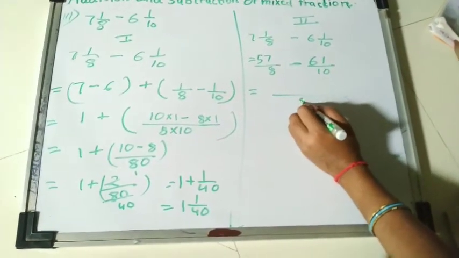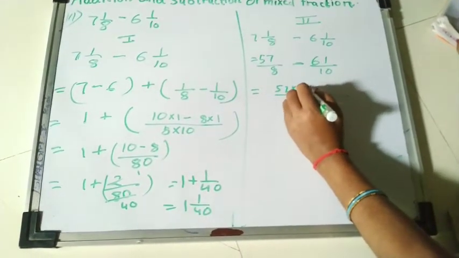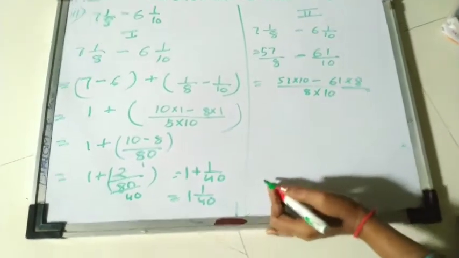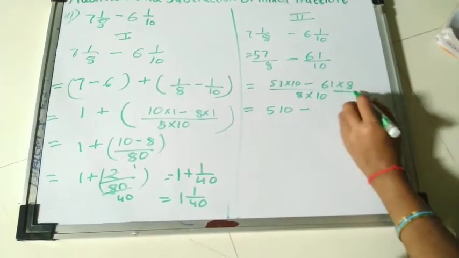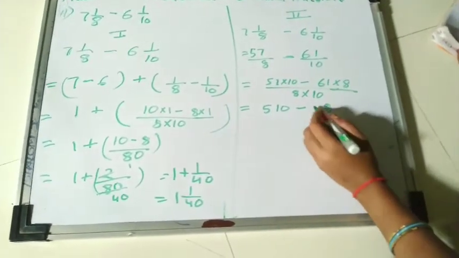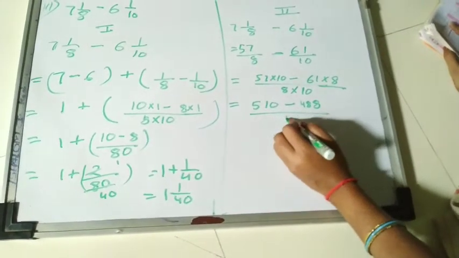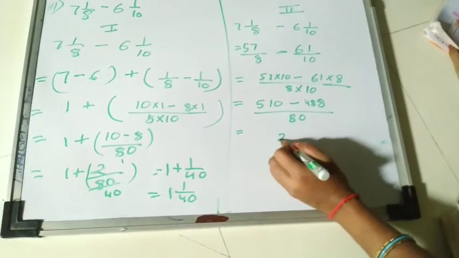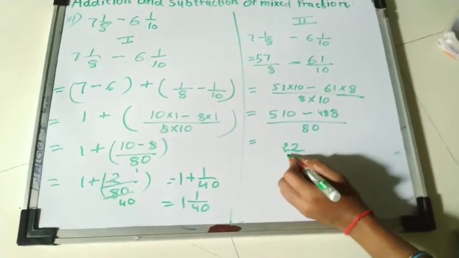You can take 8 into 10: 57 into 10 minus 61 into 8. 57 into 10 is 570 minus 61 into 8, which is 488, by 80. Subtract: 570 minus 488 is 82 by 80.